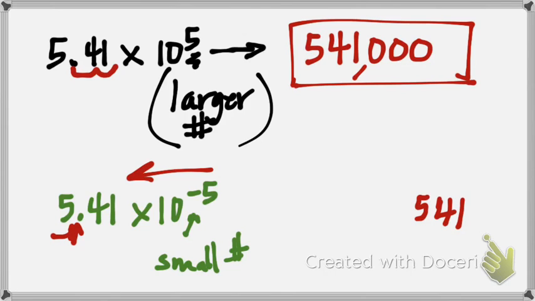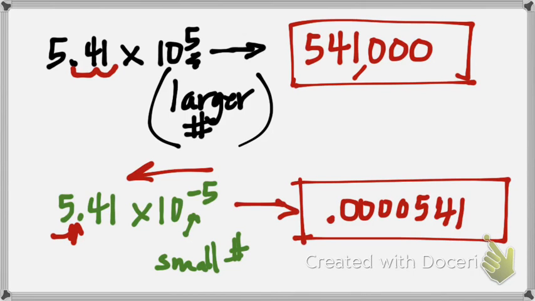So I'm going to move it past my 5, which means that I'm also going to need to add 4 zeros to the left. So, in essence, 5.41 times 10 to the negative fifth is actually 0.0000541.